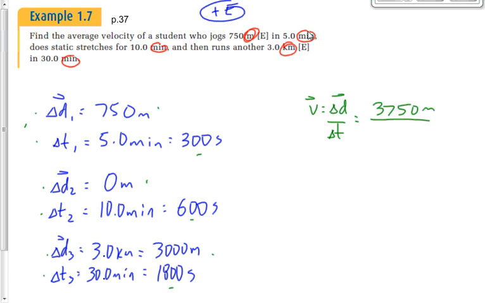Tony? 2,700 seconds, right? Add the displacements, add the times, go 3,750 divided by 2,700. What do we get for that? 1.39. I would actually round to 1.4 meters per second.